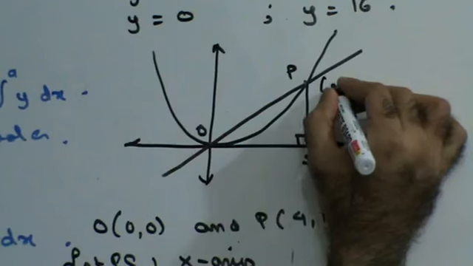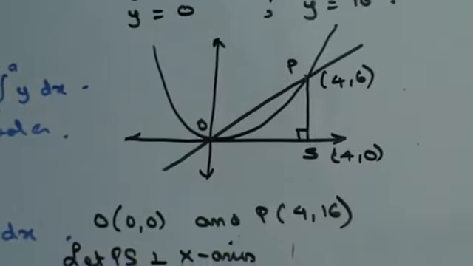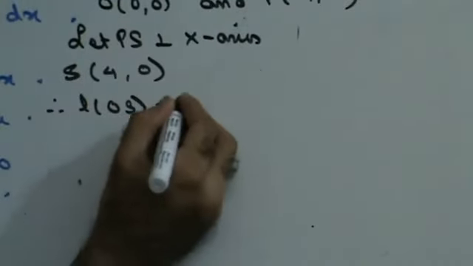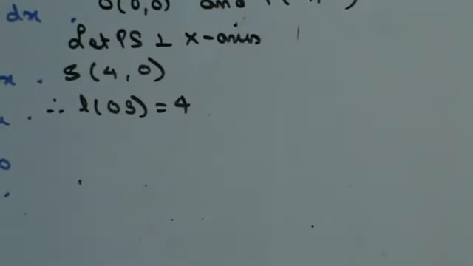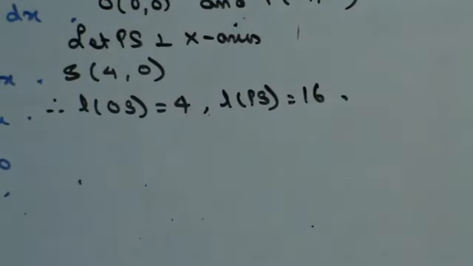P is 4, 16. Right? Do we get this thing here? Similarly, I can say that therefore length OS is equal to 4. If the coordinates of S are 4, 0, that means length OS has to be 4. Similarly, length PS is going to be 16. Right, the perpendicular distance is 16.